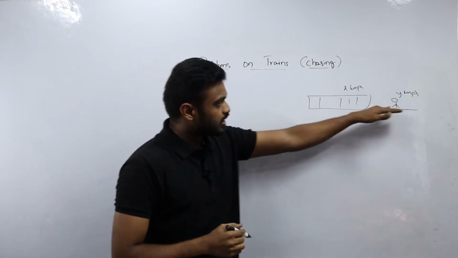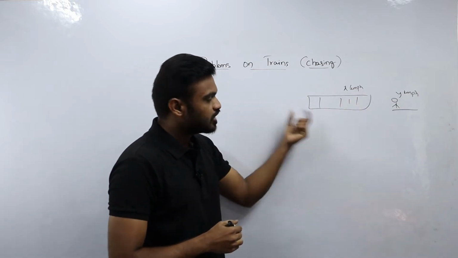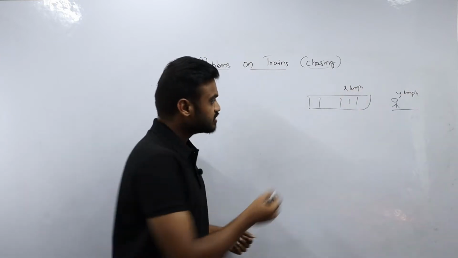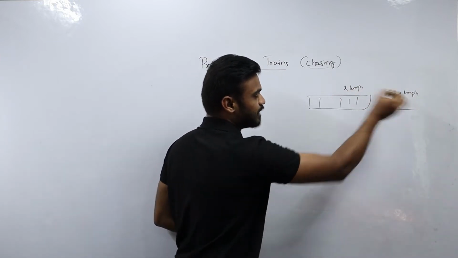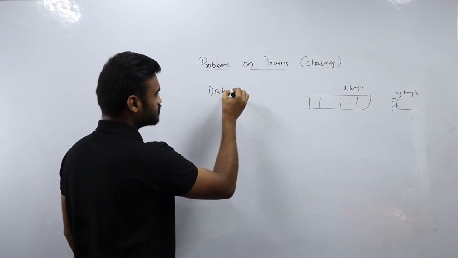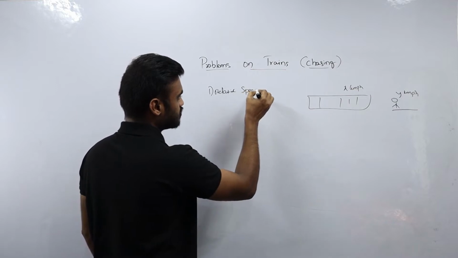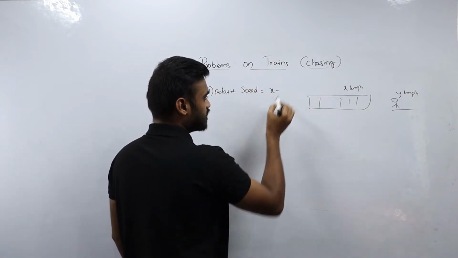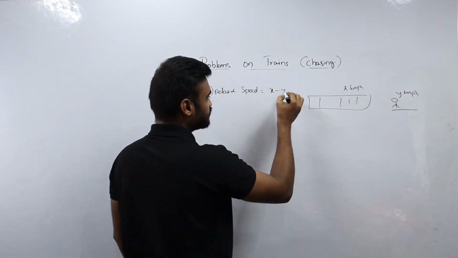Now, since both are running in the same direction, the relative speed will be the difference of the first person's speed and the second person's speed. That is the difference between the train speed and the man's speed. So the relative speed is the train speed minus the man's speed, that is x minus y km per hour.